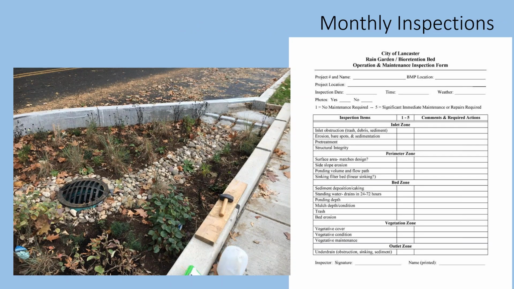This is an example of our monthly inspection form. When we first started doing operations, maintenance, and inspection, we were doing things on paper. We are currently working to develop a tablet-based or an iPad-based, we're not sure which yet, mobile system of incorporating these inspection forms into our asset management system.